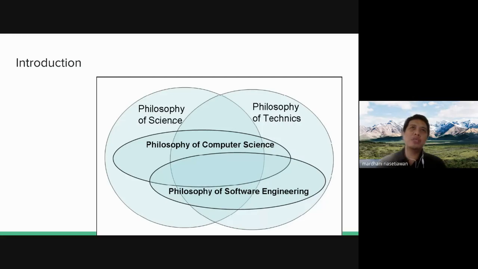We are more interested in the applicative things, artificial intelligence for something, but we do not discuss the philosophy. So this will be very interesting.